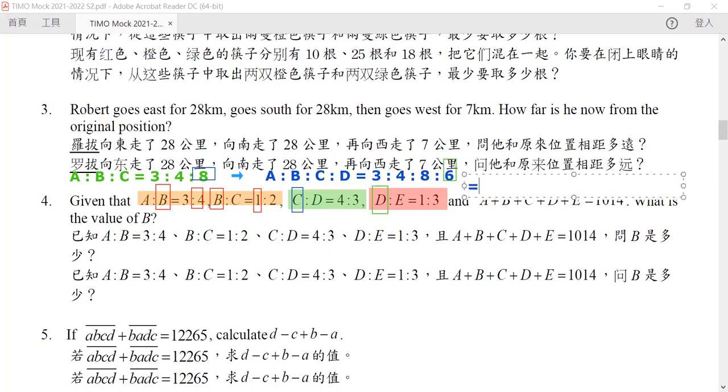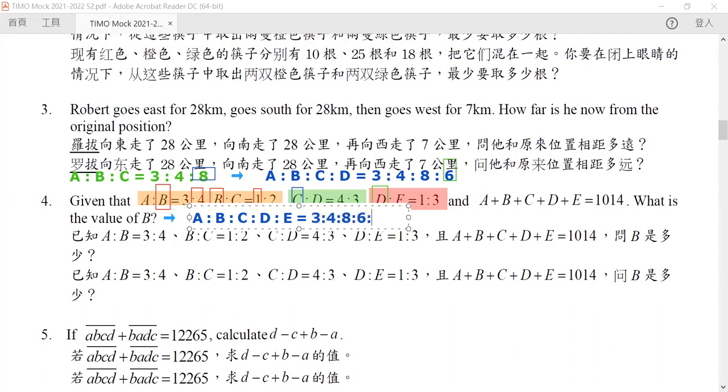And so we can rewrite this whole thing as A to B to C to D to E. Now, because the D in the last case is 6 and the D in the D to E is 1, we need to multiply our last ratio by 6 in order to make it have a common ratio. So this would be equal to 3 to 4 to 8 to 6 to 18.